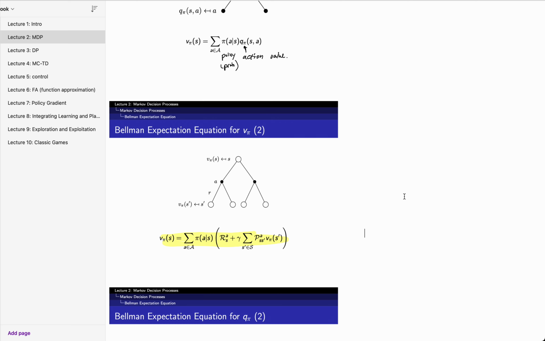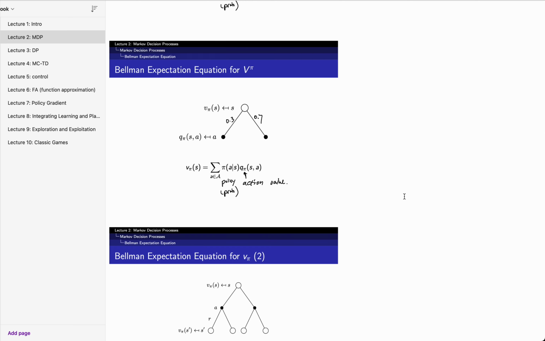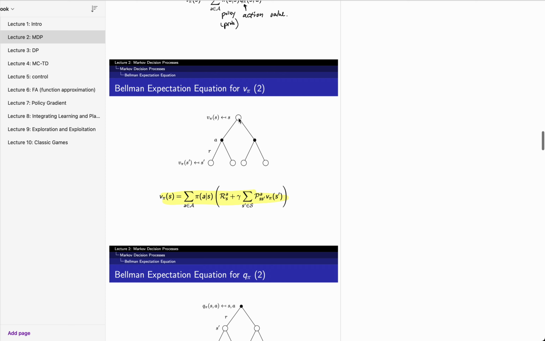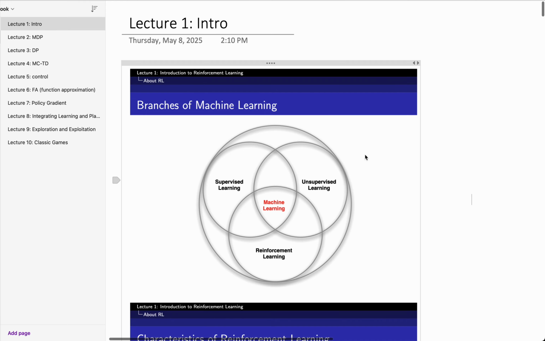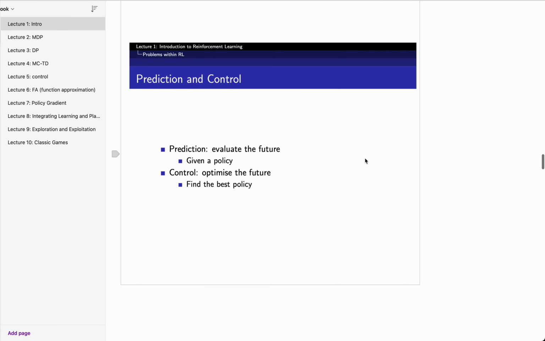to control a problem by finding out the best actions, and by predicting the problem or planning the problem by finding out what are the best state value functions. So these are two different. One is predicting, I'm going to go back to lecture 1.